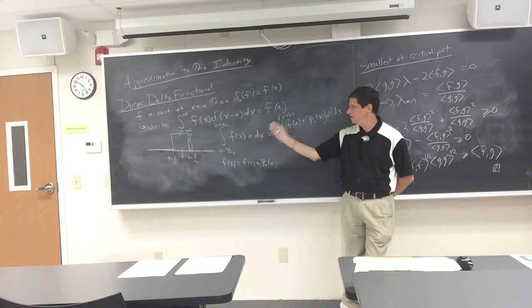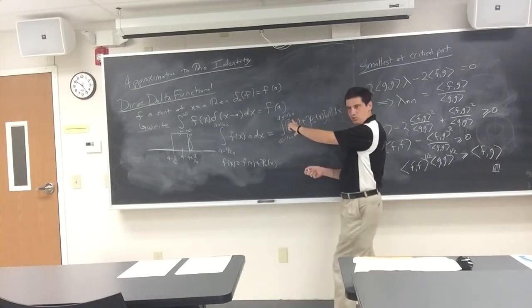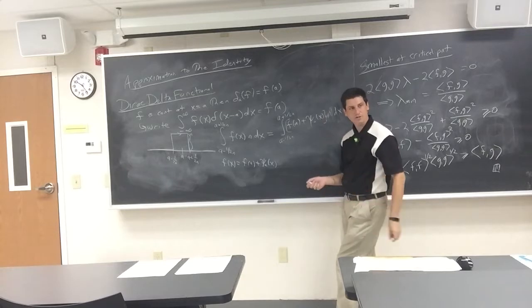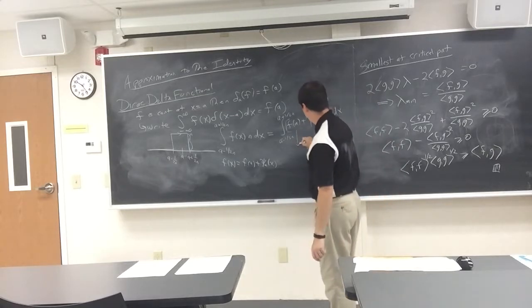I can pull out f of a, and I can pull out n. I'm integrating the constant function 1 over an interval of length 1 over 2n minus minus 1 over 2n. Oh, that's an interval of length 1 over n. So because this interval is of size 1 over n and the height is n, I get just 1. So this piece is going to give us just f of a.